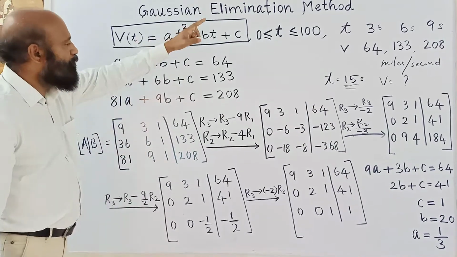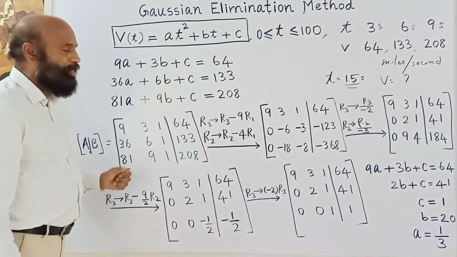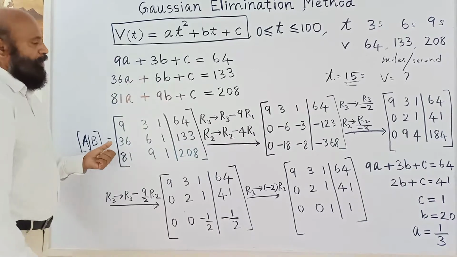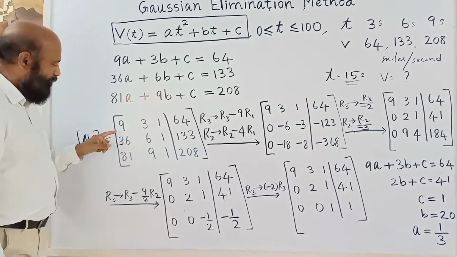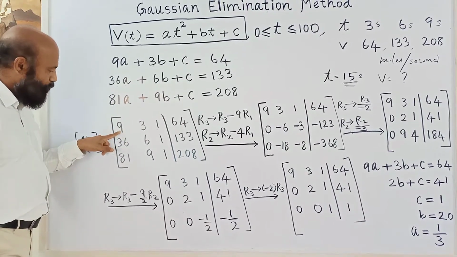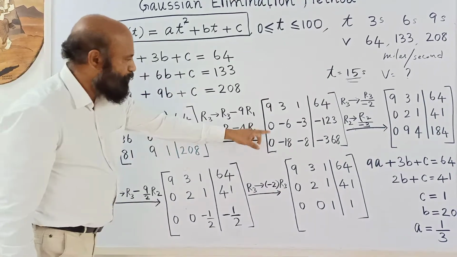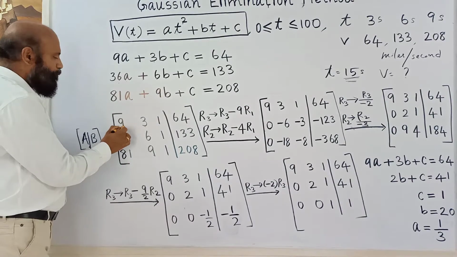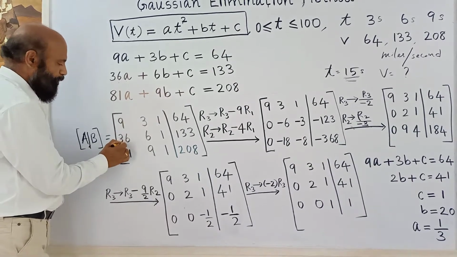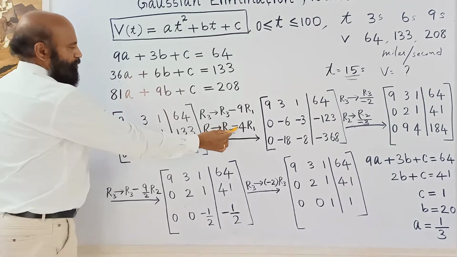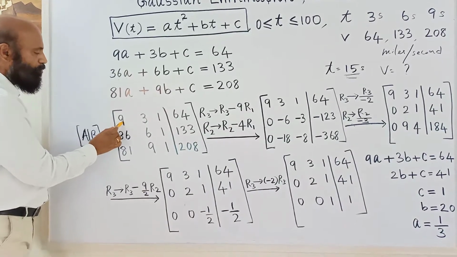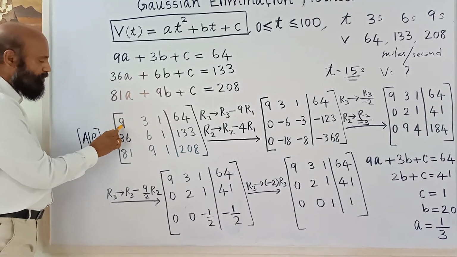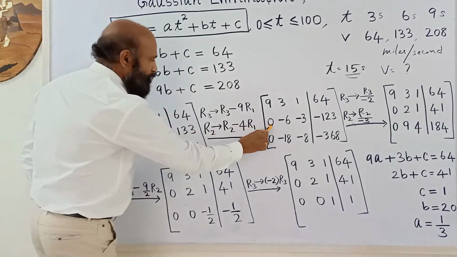In the Gaussian elimination method, this is to be reduced to row echelon form by using elementary transformations. Here we have 9. So here and here we have to make 0. For that, this row is to be multiplied by 4 and then subtracted from this. So 9 into 4 is 36. 36 minus 36 is 0.